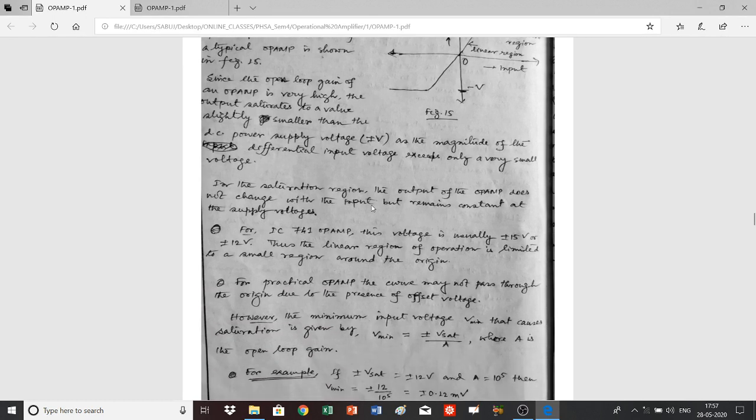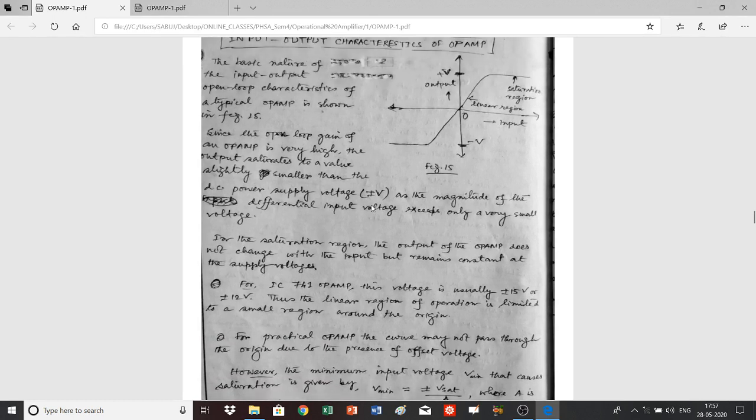You know that in the case of the IC741 op amp, the supply voltage is somewhere around plus minus 15 volt or plus minus 12 volt. So this saturation voltage is very close to plus minus 12 volt. This is plus 12 volt and this is minus 12 volt, very close to these voltages.